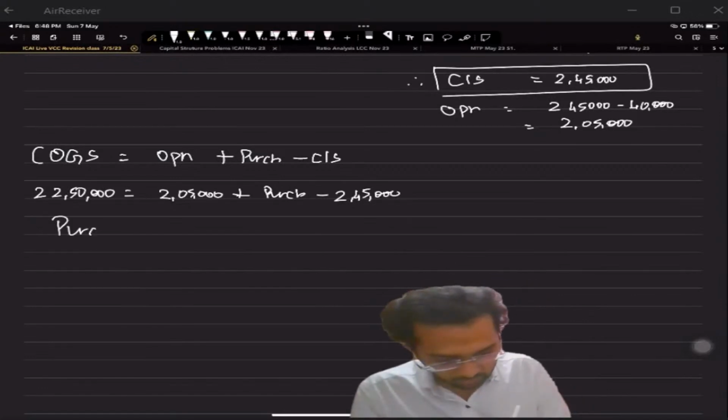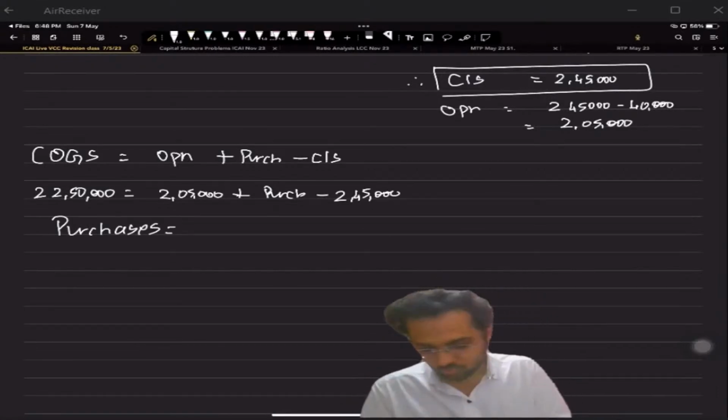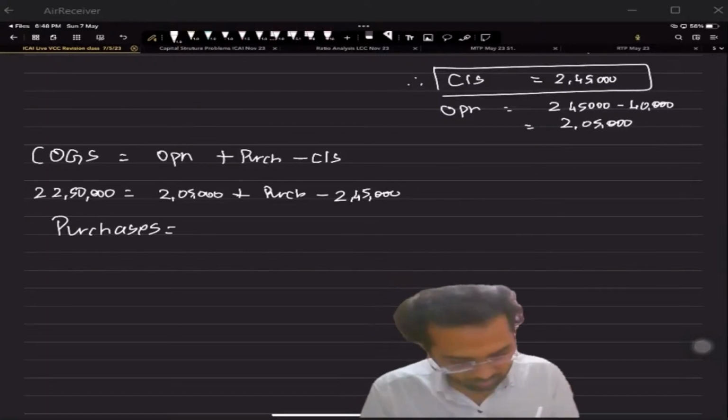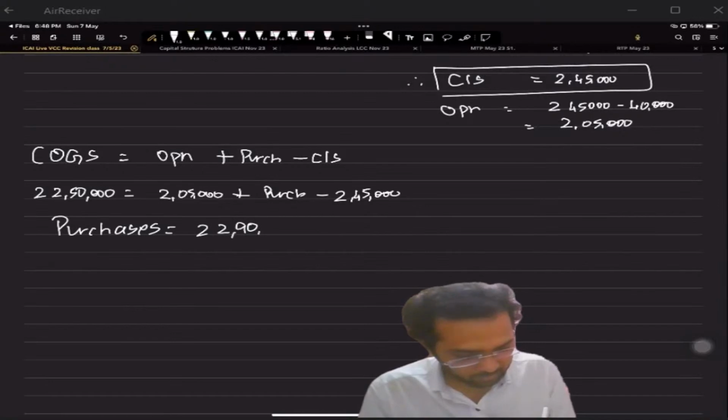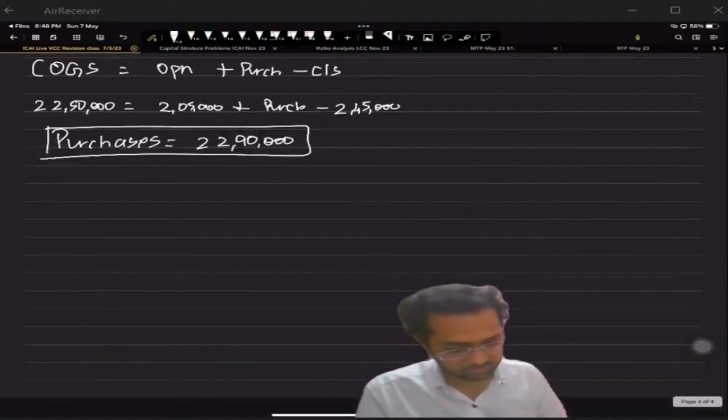So we get the figure of purchases. Purchases will amount to 22,50,000 minus 2,05,000 plus 2,45,000, which is 22,90,000.